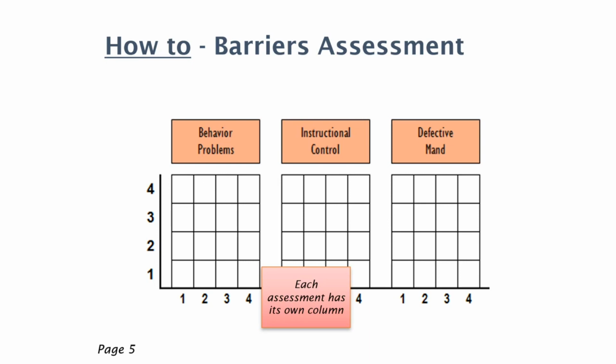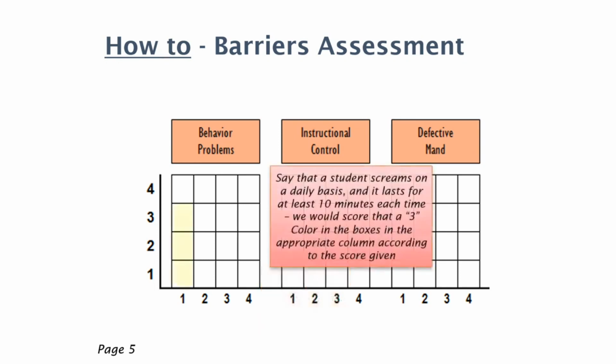A score of 3 to 4 is a significant barrier and should be addressed as a part of the student's intervention program. Unlike the milestones assessment, we want the scores on this assessment to decrease over time.